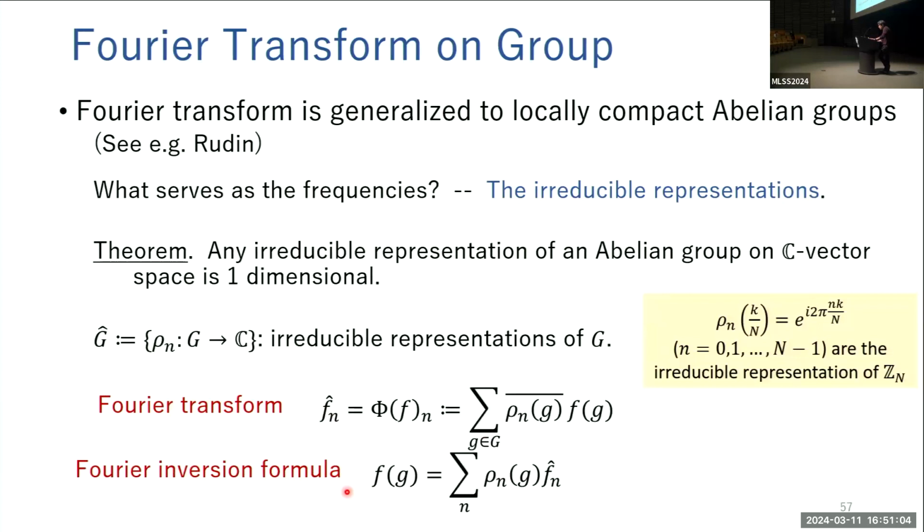And the Fourier inversion formula is also satisfied. If we multiply this series with the irreducible representation indexed by n, then this summation gives the original function f of g. This is again quite a straightforward generalization of the Fourier inversion formula of the standard case.